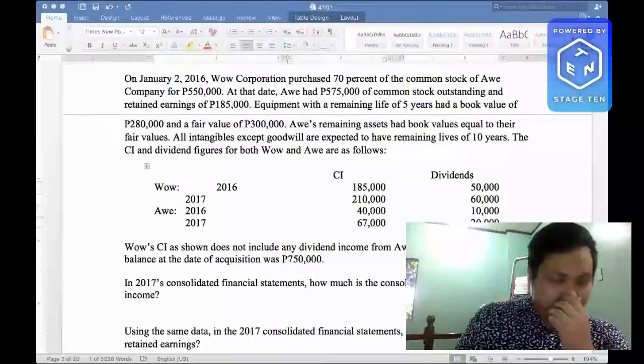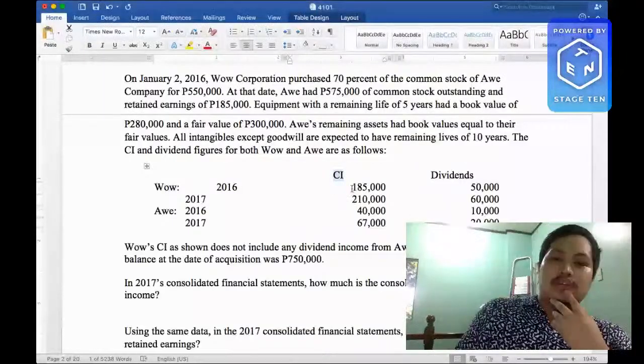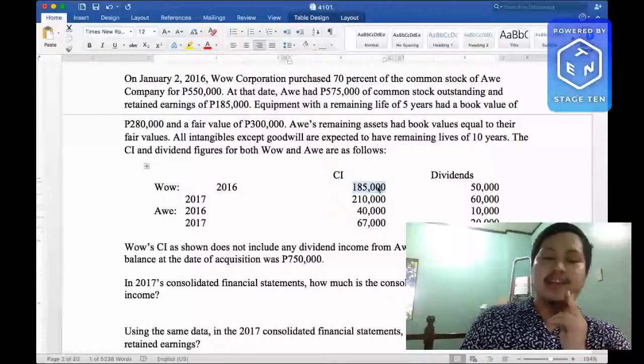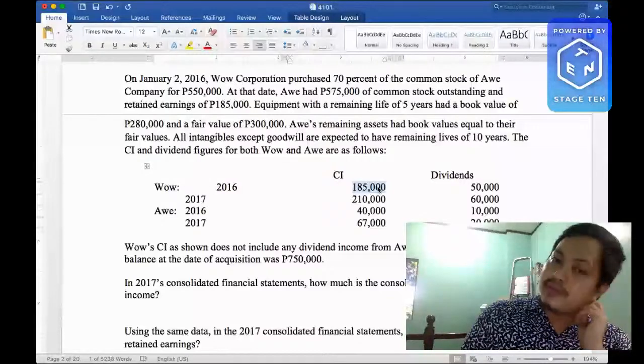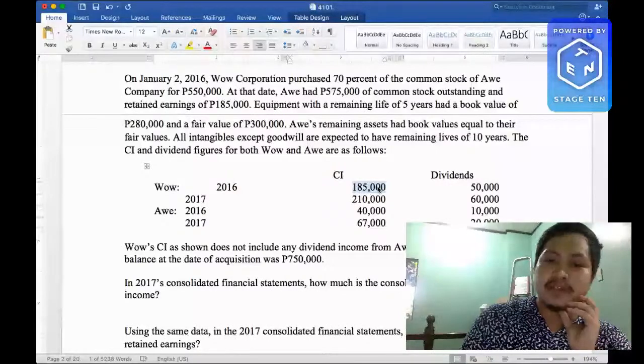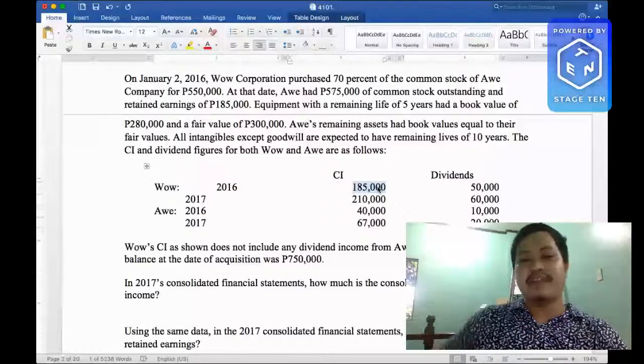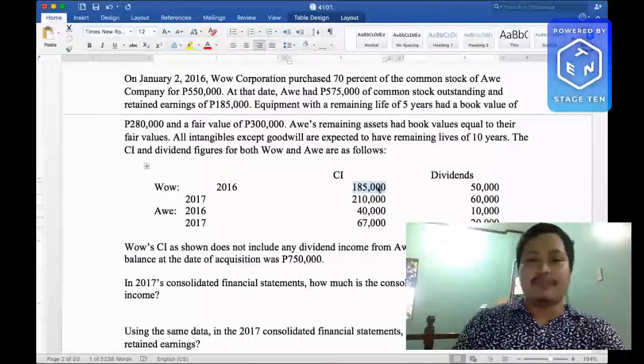Now the question is, do we have to remove anything from the 185,000 income of the parent? You will always have to check that class, whether the amount given for the parent is already the income from its own operations. Okay? And the answer class is the 185,000 is already the income from its own operations. How do we know?